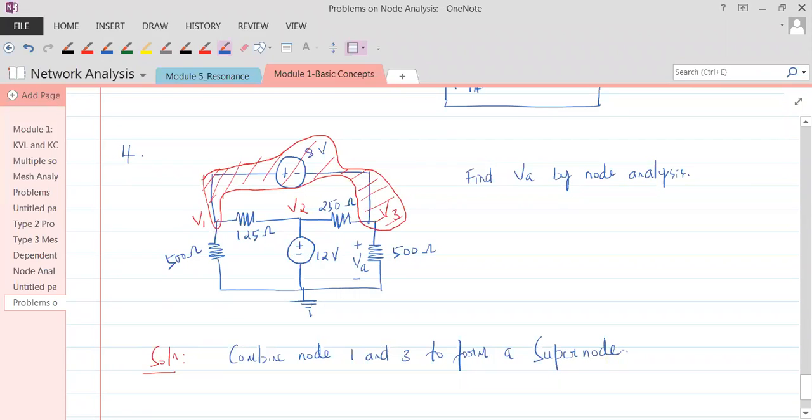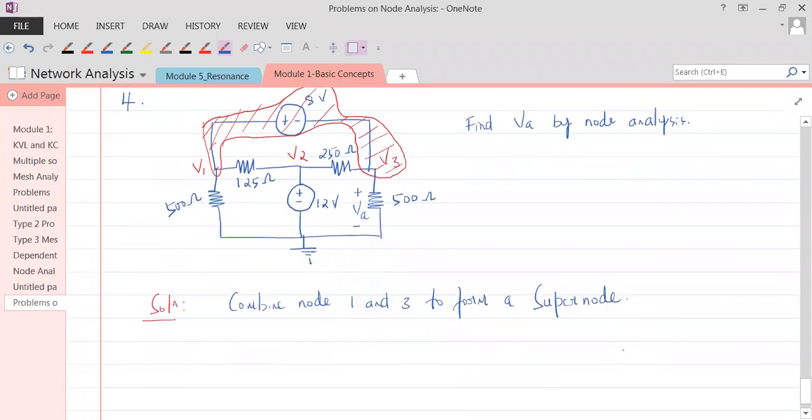Why are we combining them? Since there is a voltage source in between node 1 and 3, we are forming a supernode as shown. Understand? To form a supernode as shown, you say here.